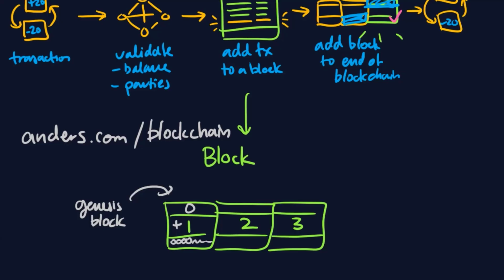Now in your second block, go ahead and type in some random data, and then click mine. Sometimes it takes a second, sometimes it takes a minute, because it has to look at every combination until it finds the answer to this puzzle.